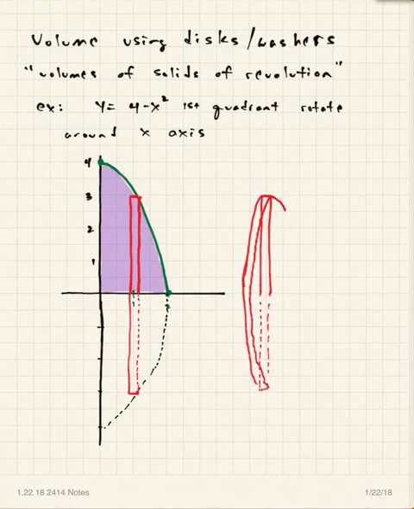Here's kind of the back part of that disk like this. And so this is our disk that we're generating.